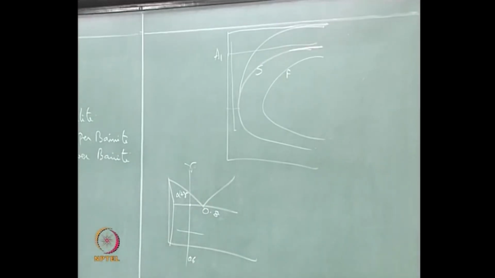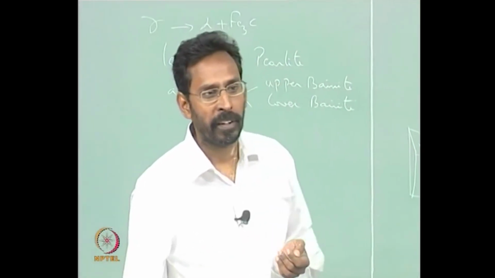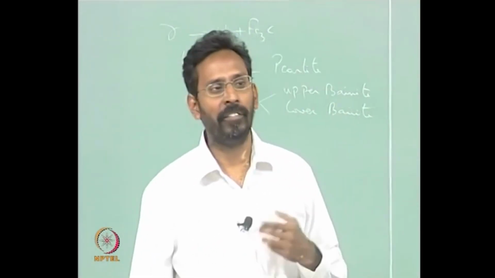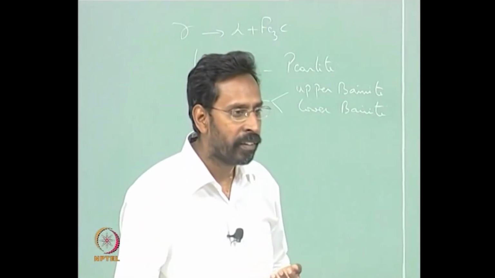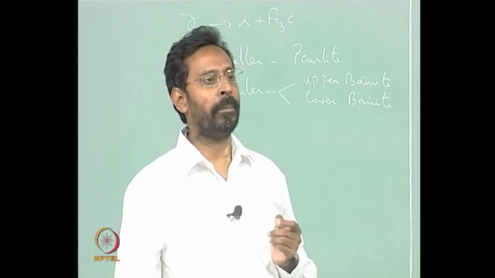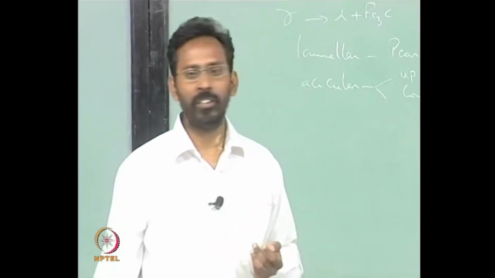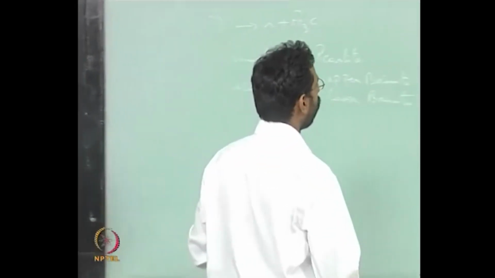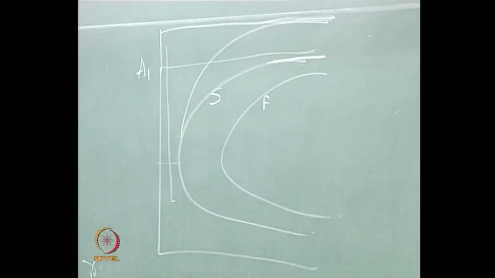Why does this happen? Undercooling is less. When the undercooling is less, what is less? The driving force is less, and if the driving force is less, then the activation barrier is high. So, at the transformation temperature the undercooling is actually 0, that means the driving force is 0, for the gamma to transform to the pearlite. In fact at A1, if I draw the free energy composition diagram, how does it look like?